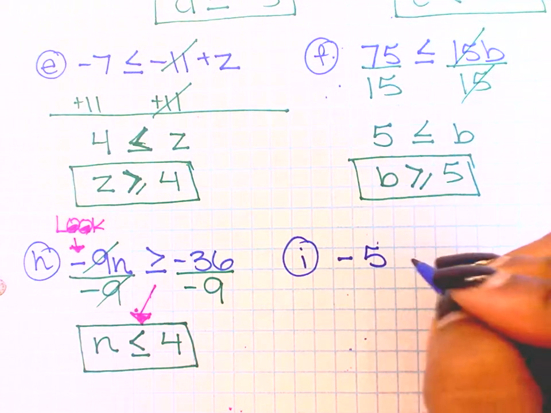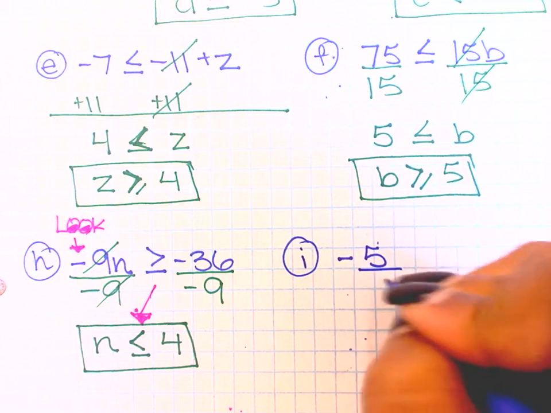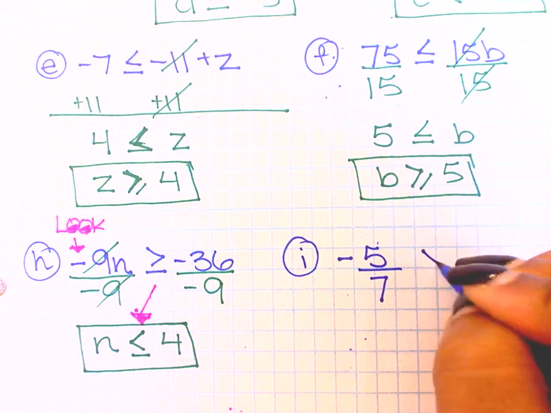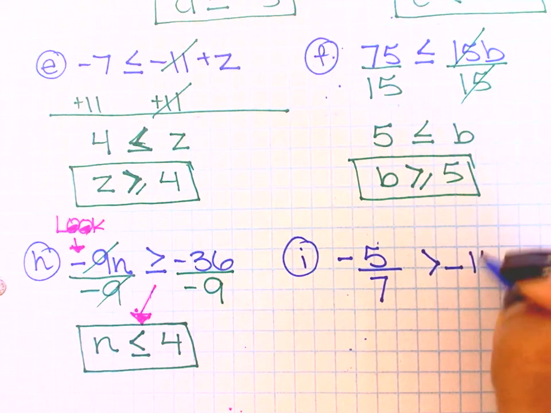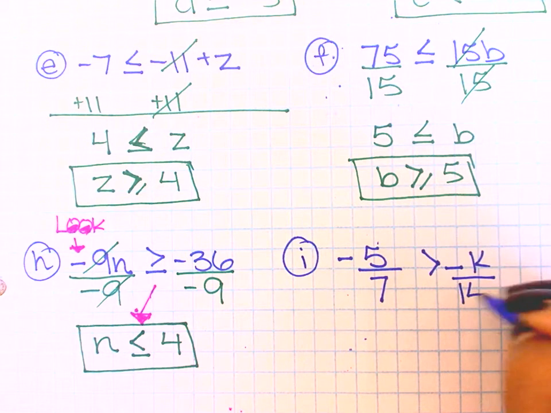Negative 5 over 7 is greater than negative k over 14.